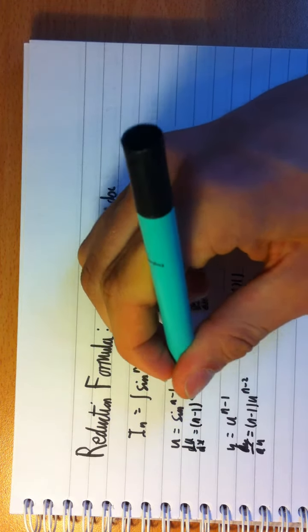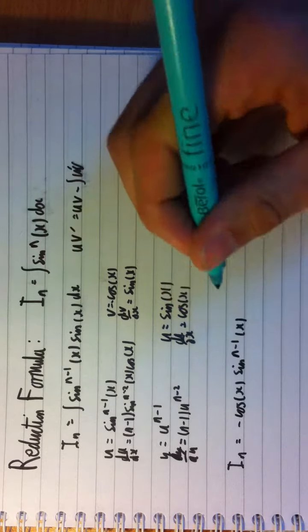Now if I put them back into my integration by parts formula, I can write I_n equals u multiplied by v, which is, sin integrates into negative cos x. So uv becomes negative cos x sin^(n-1) x.